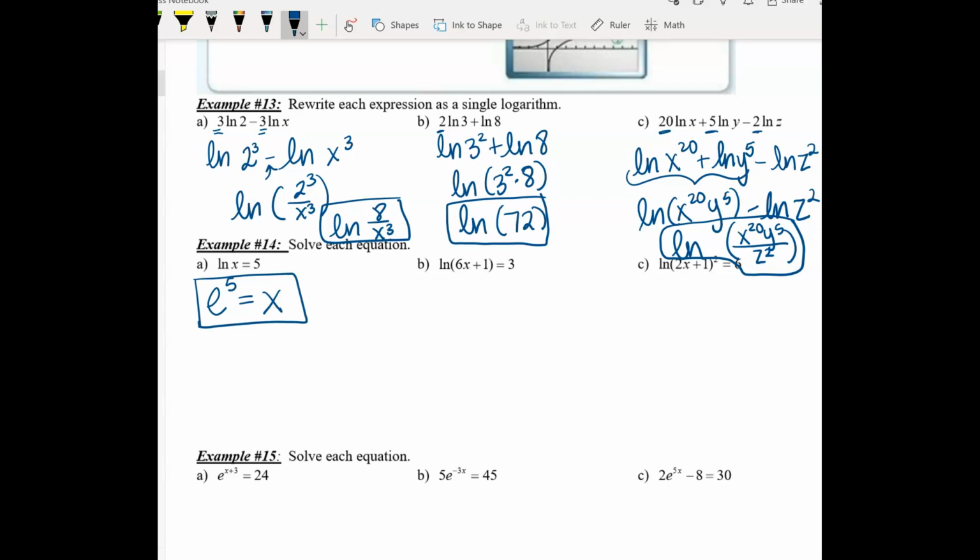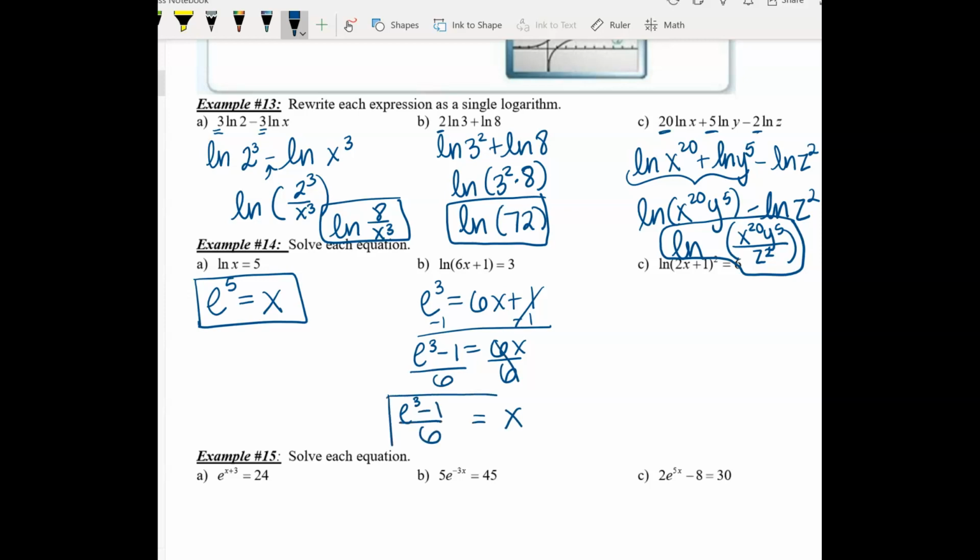X is equal to e to the 5th. In part B, it's ready to be rewritten. E to the 3rd power equals 6x plus 1. And then I need to isolate x. So I would subtract 1 and then divide by 6. And so in this problem, x is equal to e to the 3rd minus 1 over 6.